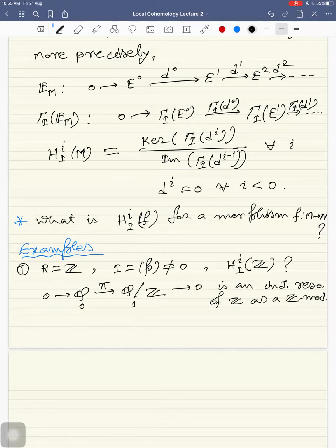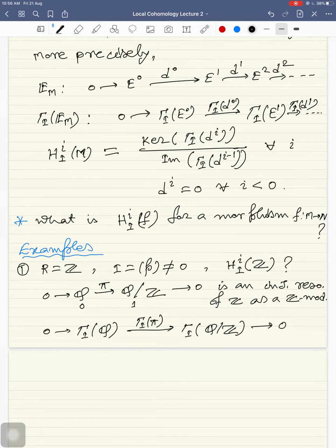Now you apply the I-torsion functor. So what you get is gamma I of Q, and this is gamma I of pi, gamma I of Q mod Z goes to 0.